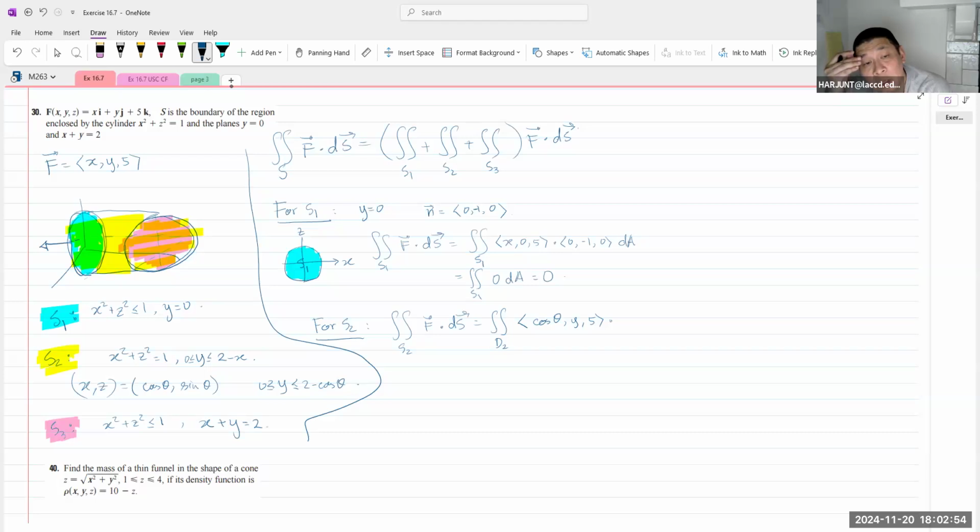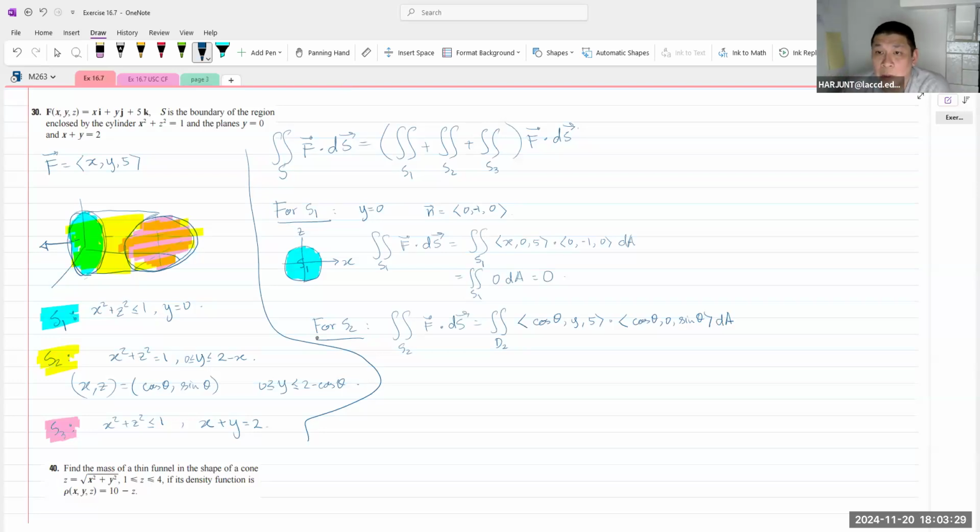If we use cylindrical there, the y component will be 0. The x component, that will be cosine theta, 0, sine theta, dA for now.